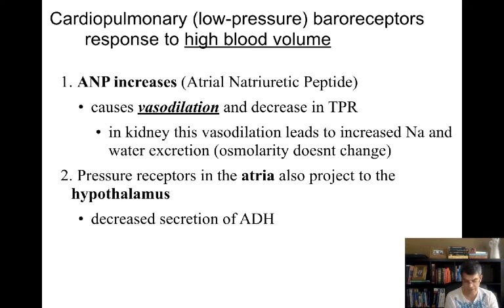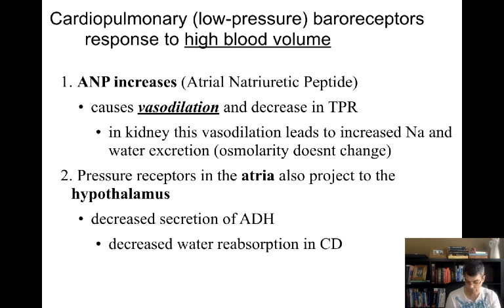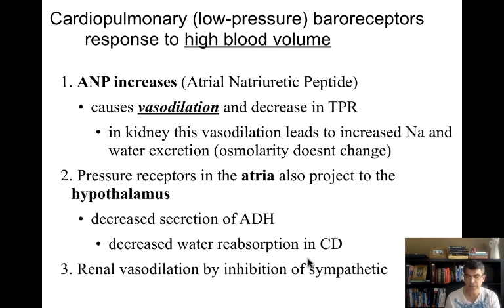Also, I have to mention that when the receptors in the wall of the vein, atrium, or pulmonary artery become activated, they're going to inhibit sympathetic activity. By inhibiting sympathetic activity, you're going to create, again, vasodilation. So vasodilation is going to make you release renin, and of course, you're going to lose more water.